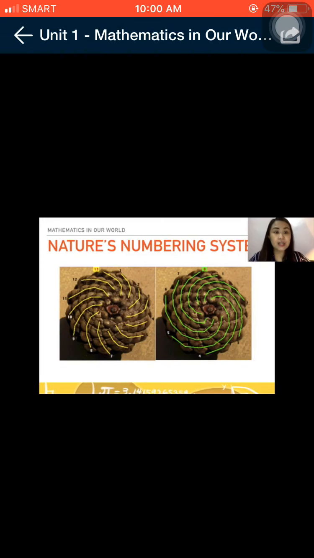Even in pine cones. As you can see, if you count the number of spikes in the pine cones, if you go this way, you'll have 1, 2, 3, 4, 5, 6, 7, 8, 9, 10, 11, 12, 13. But if you go the other way, you have 1, 2, 3, 4, 5, 6, 7, 8 spirals.